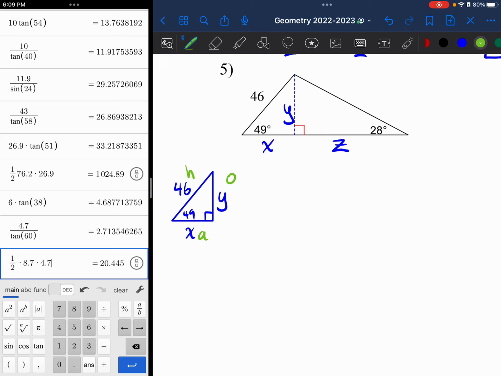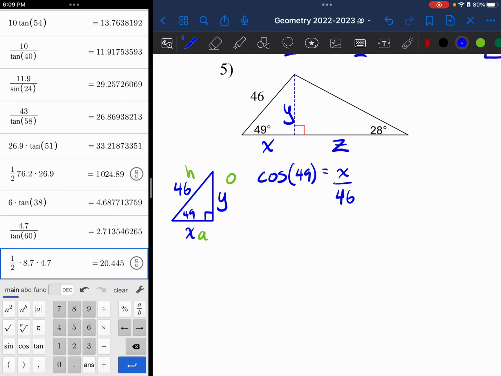So if I am after just these two, an a and an h, sounds like ka, from toa. So that's going to be cosine. I'm going to say that cosine of my angle 49 is going to equal to ka, x over 46.